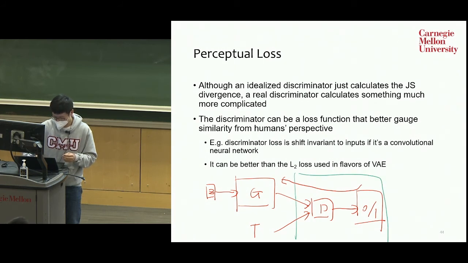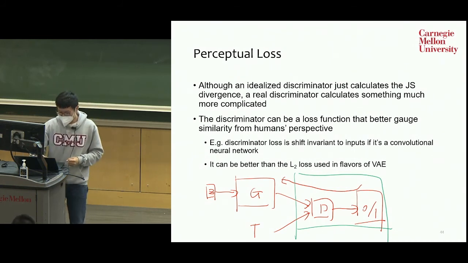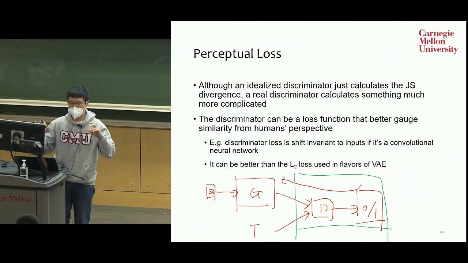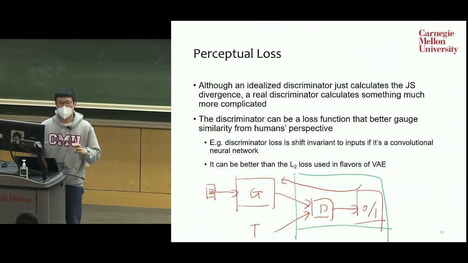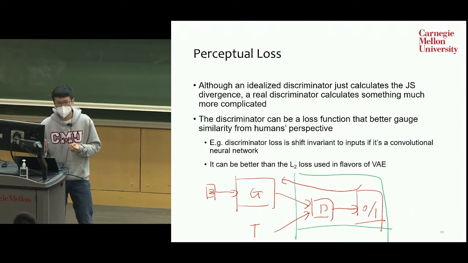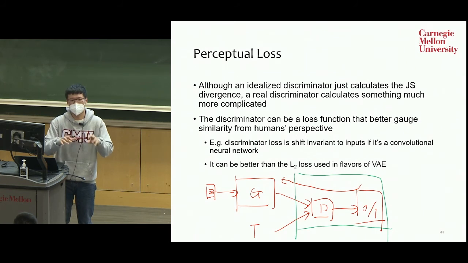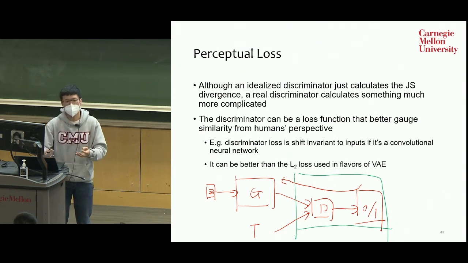If you treat this part as a black box, and treat the generator as whatever model I want, let's say in supervised learning, you build a model to learn some objective, and the generator is that model.